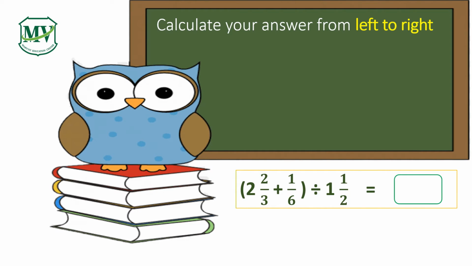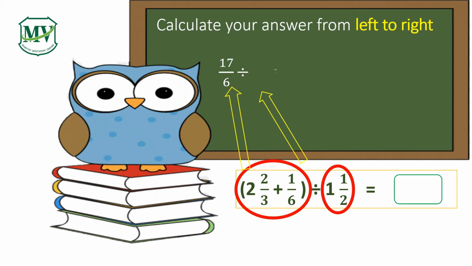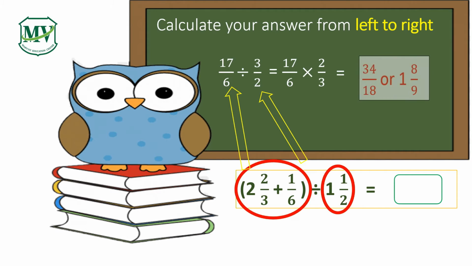Since the quantity of 2 and 2/3 plus 1/6 is equal to 17/6, divide it with 1 and 1/2 or 3/2. Then applying the rule in dividing fractions, get the reciprocal of 3/2, then multiply it to 17/6, which is equal to 34/18 or 1 and 8/9.